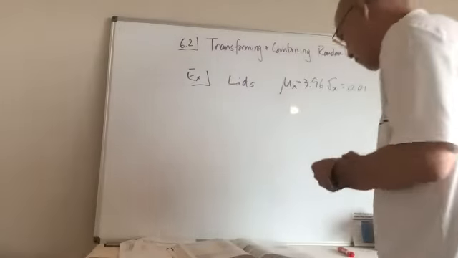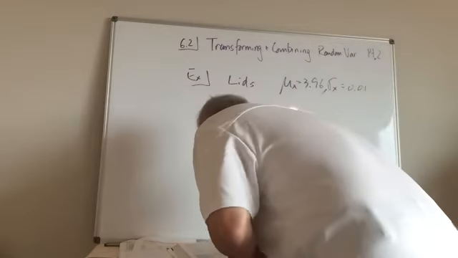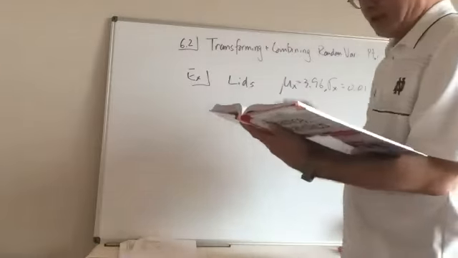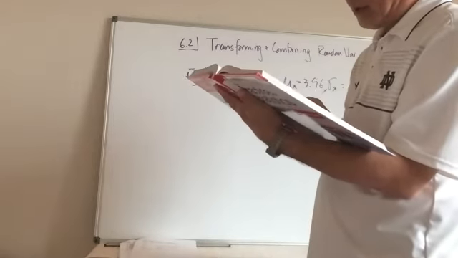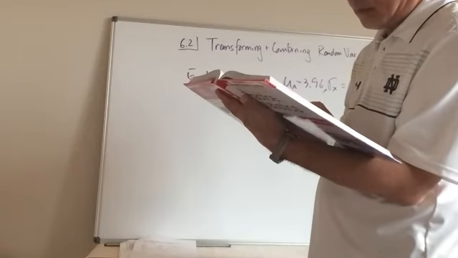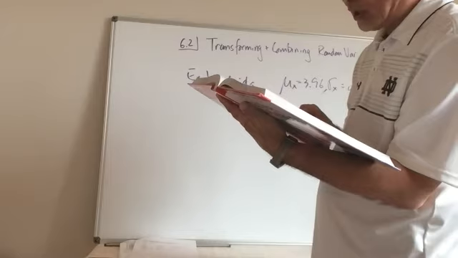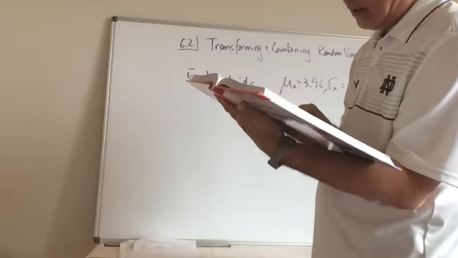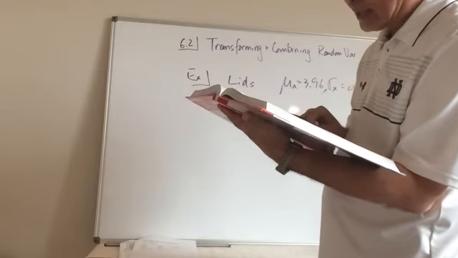3.96. The diameter L of this large lid follows a normal distribution of 3.98.